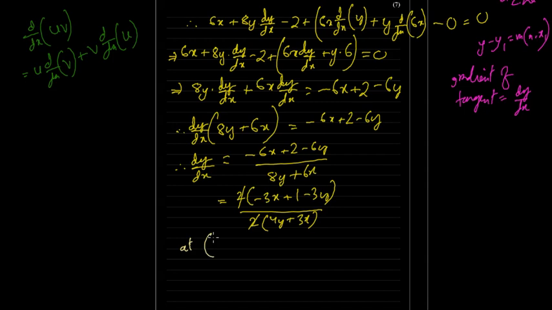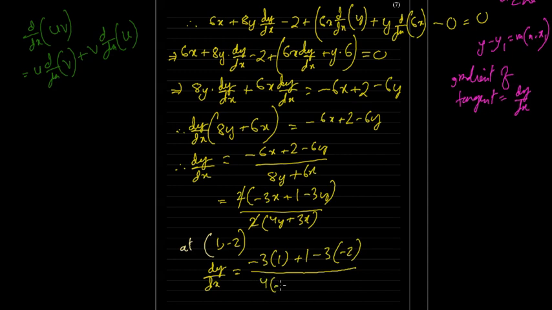at 1, minus 2, dy by dx is going to be minus 3 into 1 plus 1 minus 3, y is minus 2, putting x and y, divided by 4 into minus 2 plus 3 into 1.